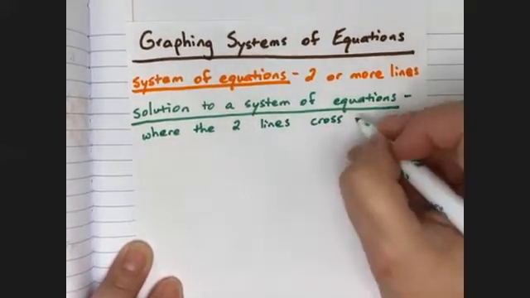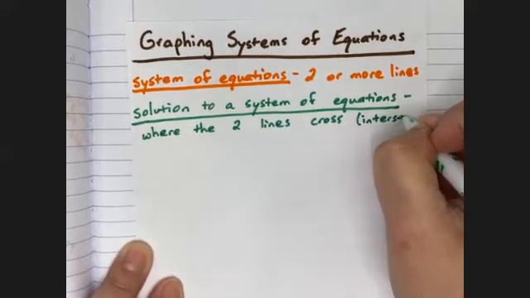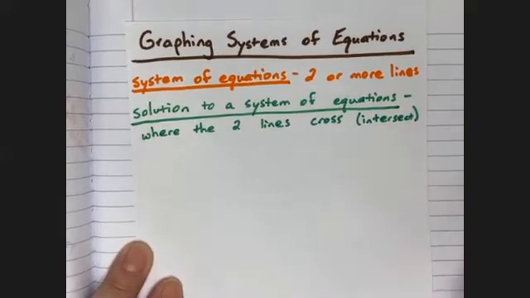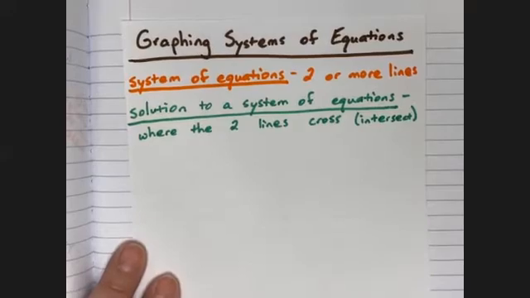Or another word is where they intersect. And you have actually done this before if you've plugged the left into y1 and the right into y2 to calculate the intersection. You're essentially doing a system of equations.